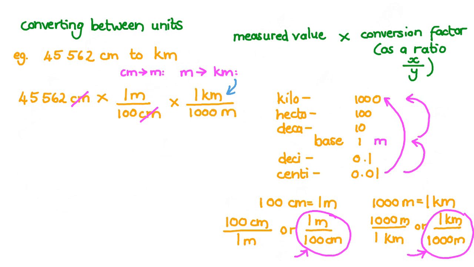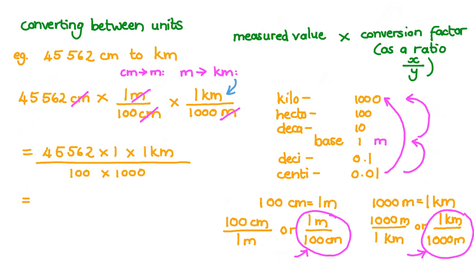There is our conversion factor, and the meters cancel with the meters, because one is in the numerator and one is in the denominator. When we simplify our equation and solve for the answer, we get 0.45562 kilometers. In summary, we must use the conversion factor that allows us to cancel the units that we do not want.